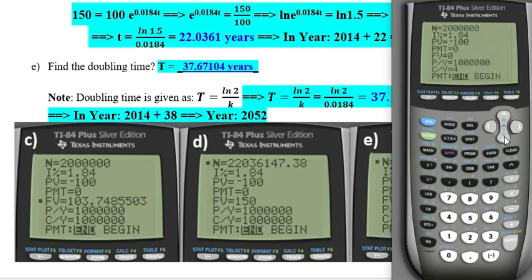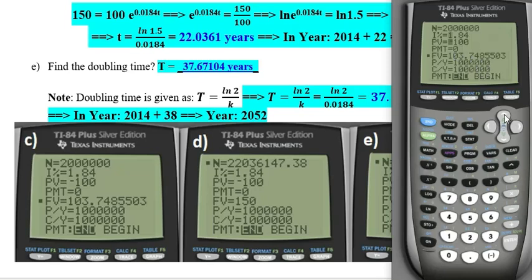Then C over Y is also 1 million. Then you go to, in 2 years, alpha solve, it is going to be 103.75 million.